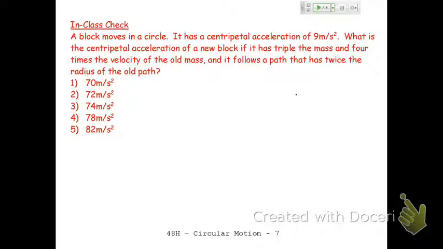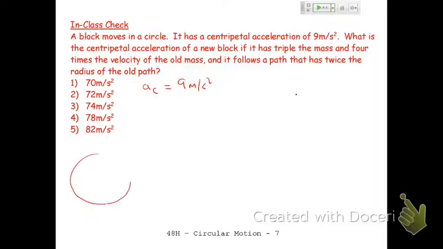And this next one is another skill. This is a ratio problem. There's a layout to these, and I want to teach you the layout. A block moves in a circle. It has a centripetal acceleration, so a centripetal equals 9 meters per second squared.